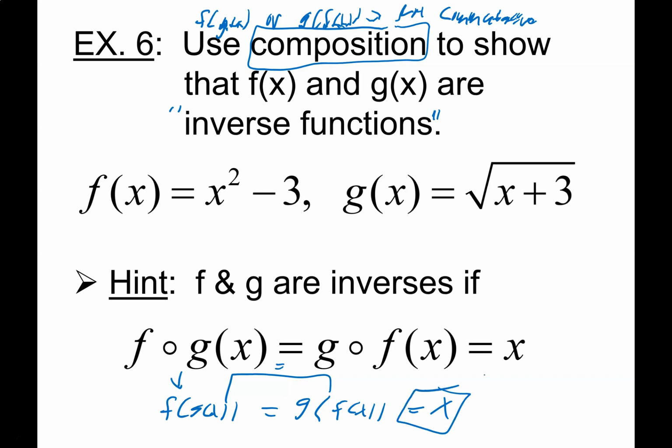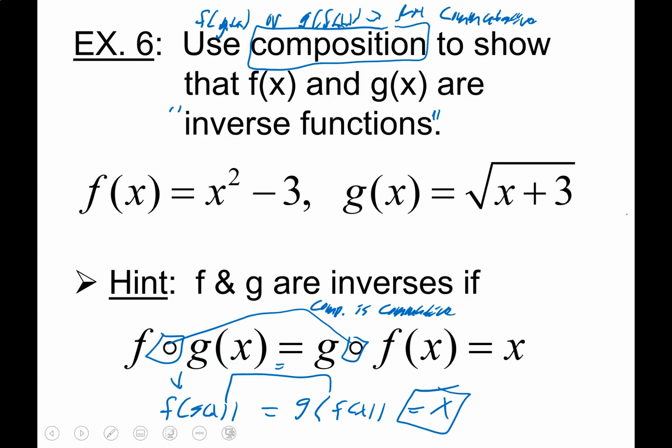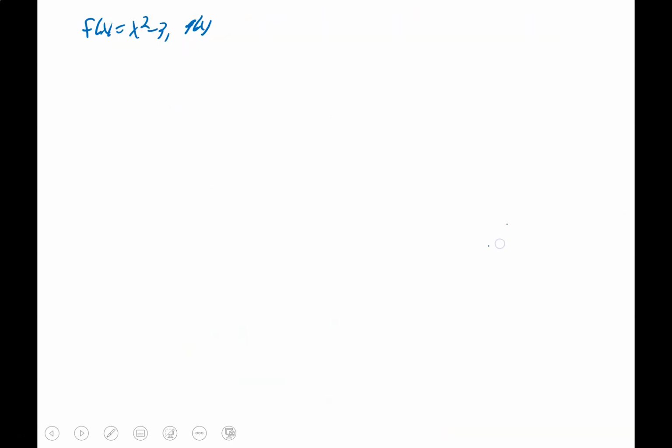So what I'm trying to say is that when you're doing composite functions, that is the only time that composition is commutative, where it should be the same whether you go f of g or g of f. So let's look at our two equations. I have f of x is x squared minus 3. And I have g of x, which was, let me go back here, square root of x plus 3.